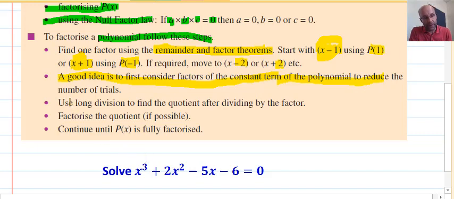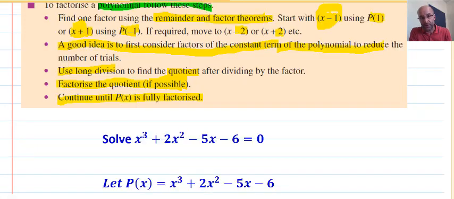After we found a linear factor, we use our polynomial long division and we find the quotient, which sits on the top of the division line, and then we factorize that quotient if you can. So it might be a quadratic, for example, and you factorize that. Not all quadratics can be factorized, you might recall. And then you go until it's fully factorized.